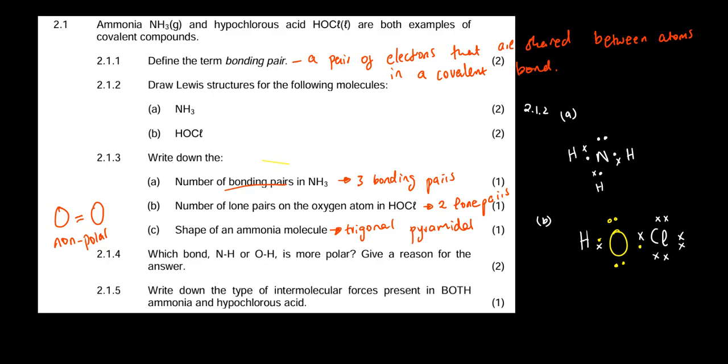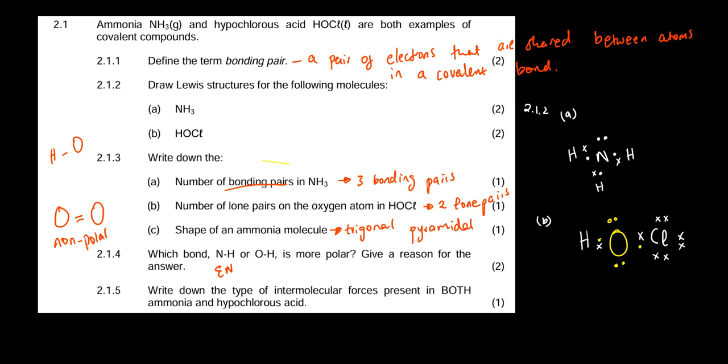But then if it happens that you have one of the atoms having a different electronegativity from the other, then now it's going to be polar, because there will be a side that is slightly positive and a side that will be slightly negative due to the unequal distribution of charge. Are we together? Yes, sir. So to answer this question in simple words, we need to calculate the electronegativity difference, because the electronegativity of nitrogen is not the same as hydrogen, and of oxygen is not the same as hydrogen.